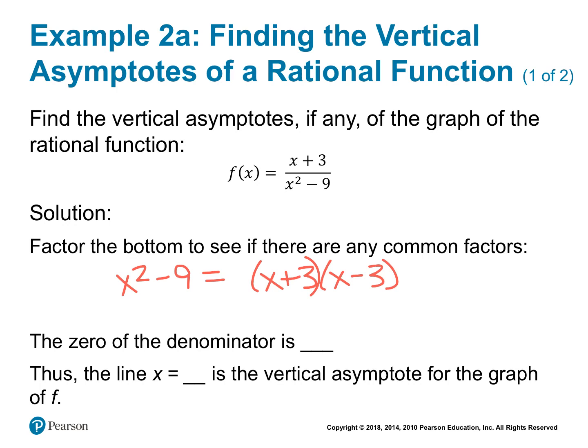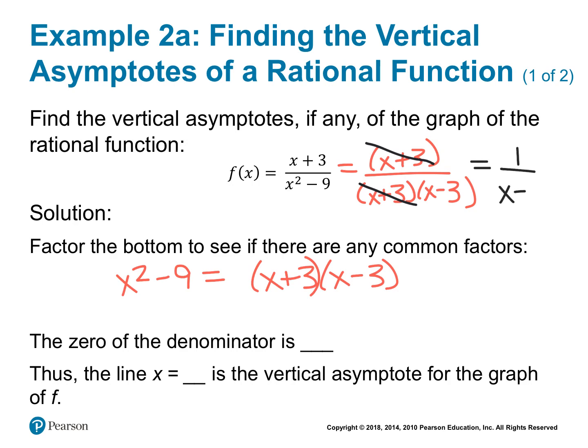So this can be rewritten as x plus 3 on the top over x plus 3 times x minus 3. And now we can simplify this, which leaves us with 1 over x minus 3.